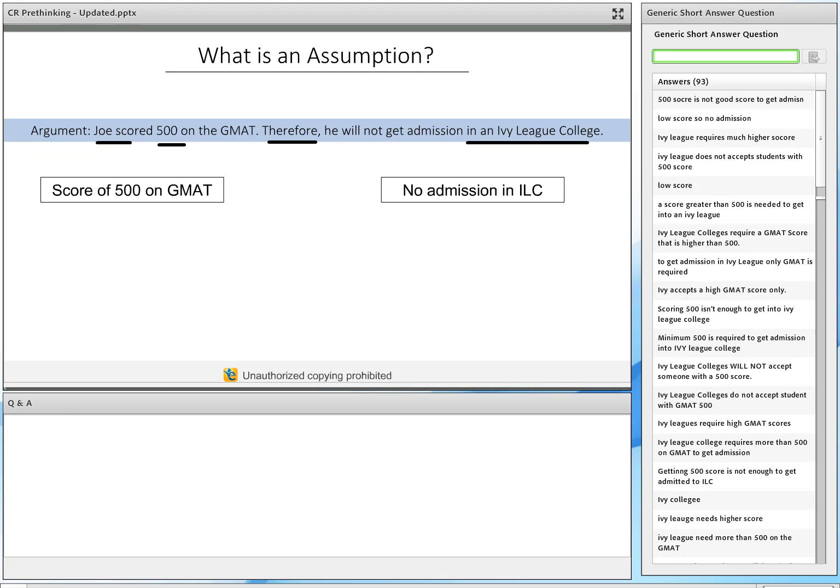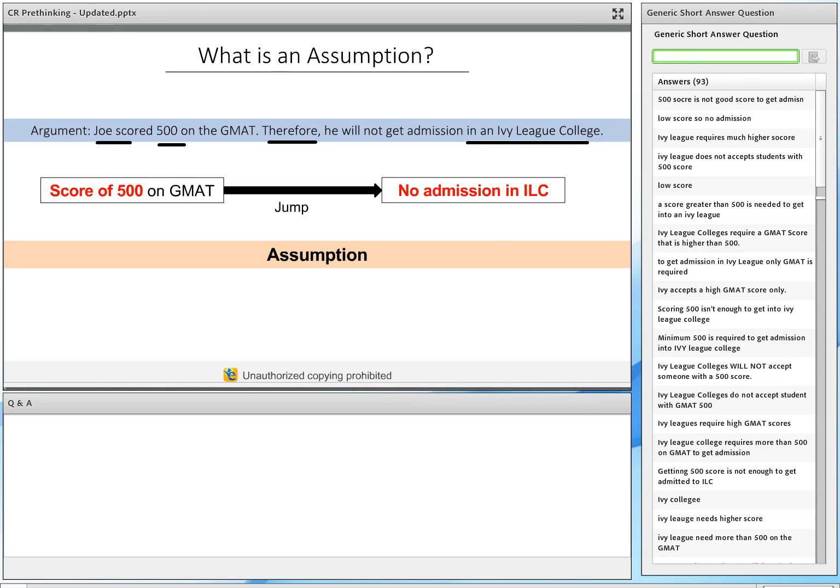So essentially you have a data point and then you have a jump to the conclusion, where that data point is linked to admission in an Ivy League college. So what does the author assume? As a lot of you have already said, 500 is not enough for Ivy League colleges, or to be more precise, the assumption really is that a score of 500 on the GMAT for someone like Joe is unacceptable to Ivy League colleges.